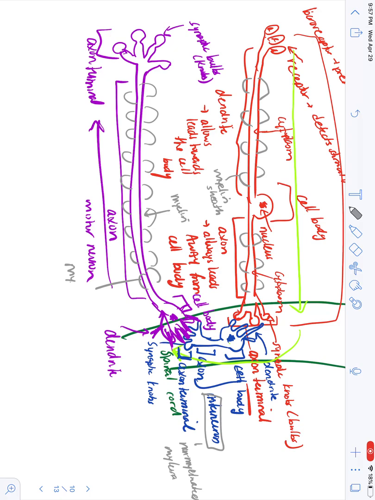So when you have this myelin that surrounds the axon, this actually helps speed up the nerve impulse, okay? That's the function. It does that by preventing charged ions from getting through.